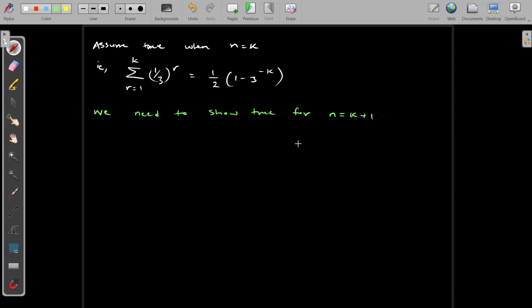Alright, so let's see how we can approach this. So when n is equal to k plus 1, we will have something looking like this. K plus 1 equals 1. Right, so that's what we have.